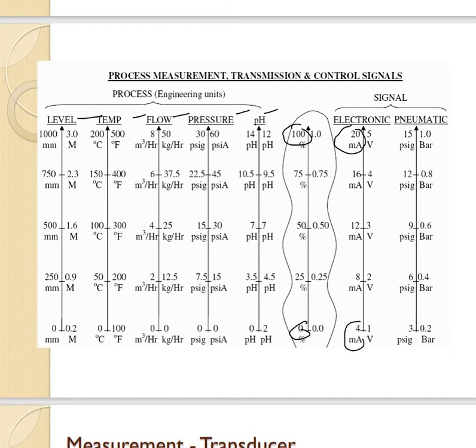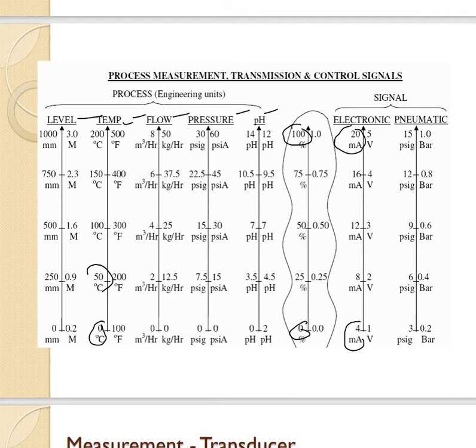Okay, so I pick one example here. Basically it is equivalent. For temperature, the 0 is 0 degrees Celsius. It is equivalent to 4 milliampere. If the temperature increases to 50 degrees Celsius, that means it increased 25 percent overall.